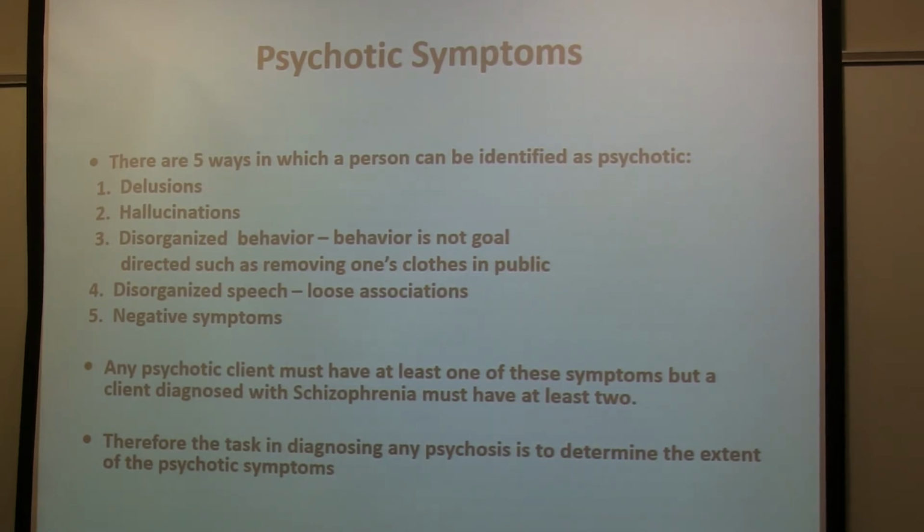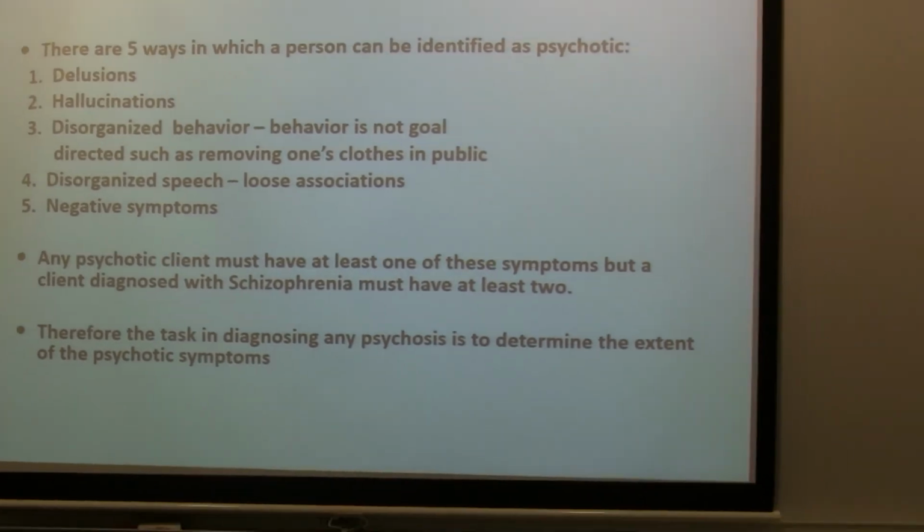Their speech is not connecting to coherent associations or thought, and negative symptoms, which we will talk about. Any psychotic client must have at least one of these symptoms, but a client diagnosed, for instance, with schizophrenia has to have at least 2. We'll talk about that. Therefore, the task in diagnosing any psychosis is to determine the extent of the psychotic symptoms.